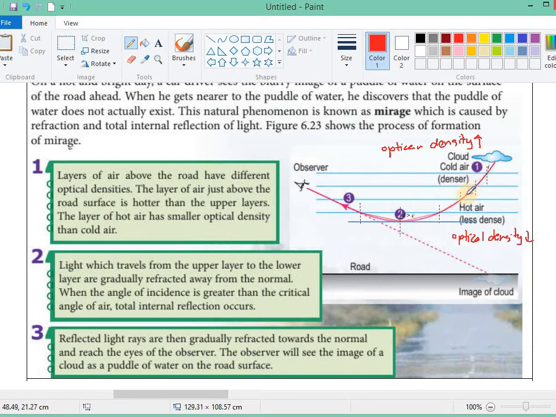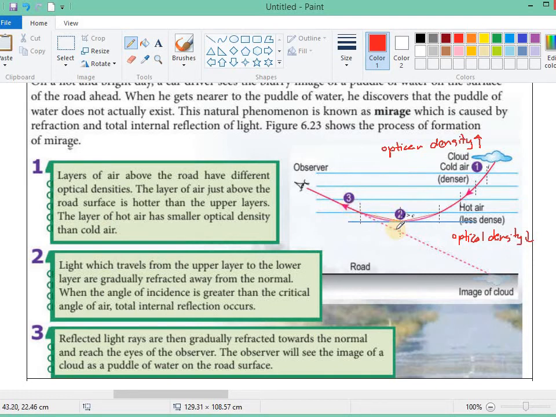When the light bends away from normal until the bottom here, the incident angle will become bigger and bigger until the incident angle is larger than the critical angle of air. When it becomes greater than the critical angle of air, what happens? The light will experience total internal reflection.